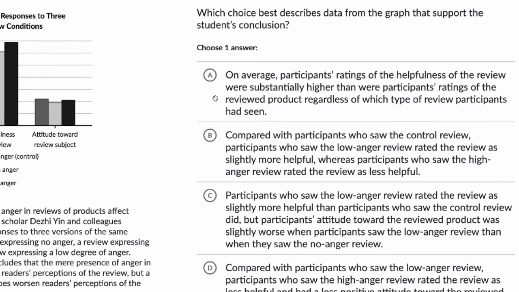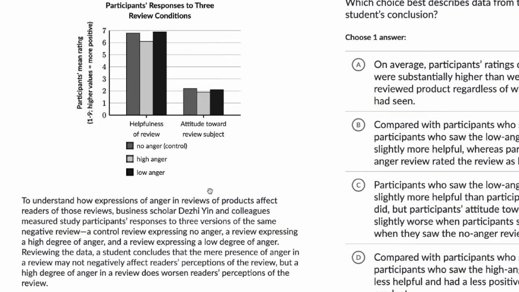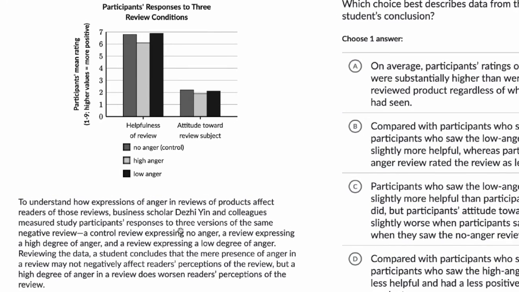Data that supports the student's conclusion. So to understand how expressions of anger in reviews of products affect readers of those reviews, researchers measured study participants' responses to 3 versions of the same negative review. So what are those 3 versions?